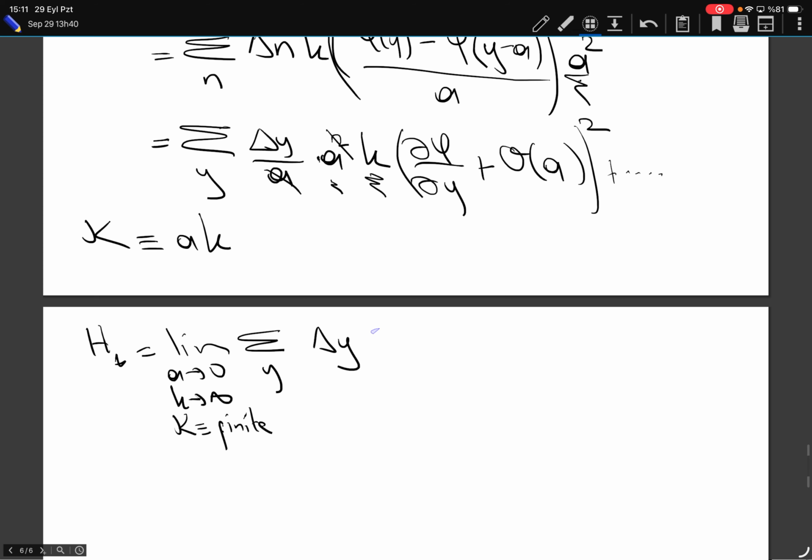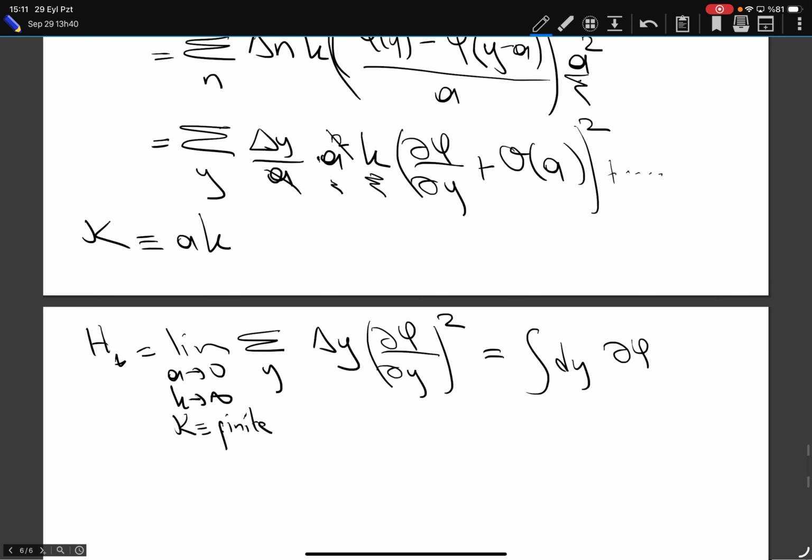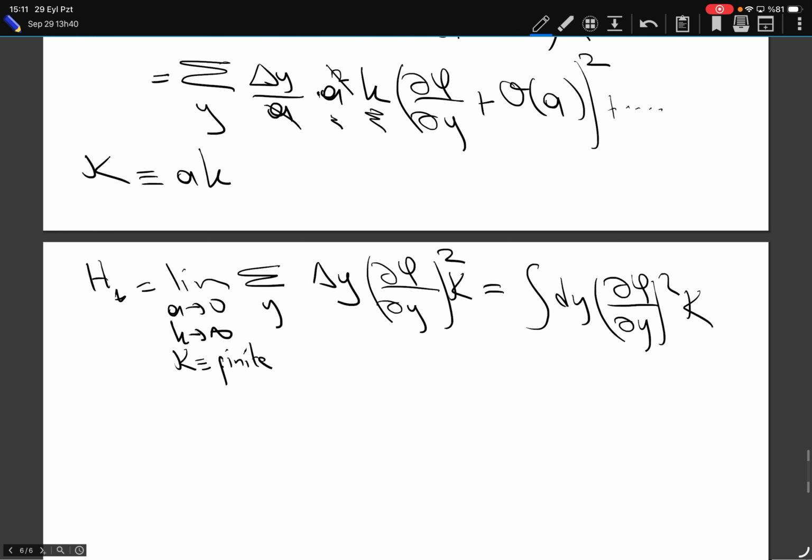Of the derivative with respect to y of phi, squared. Well, the higher order terms in that limit will go to 0. That limit is nothing but the Riemann integral. This is dy, derivative of my field with respect to y, squared. Well, there's also kappa. This is my H1. Usually, okay, this is the Hamiltonian.